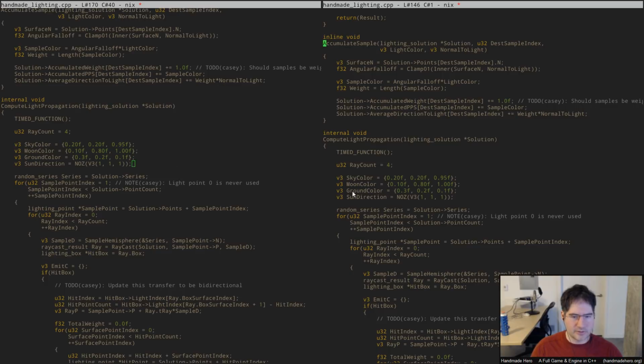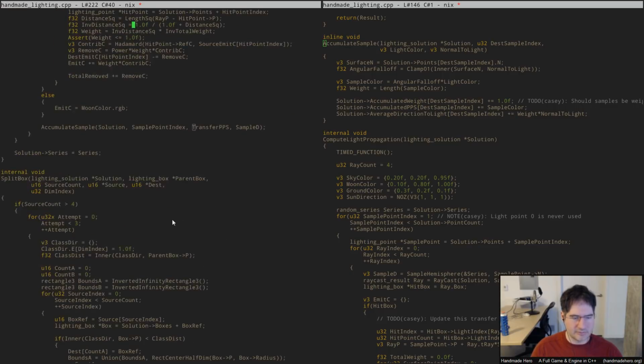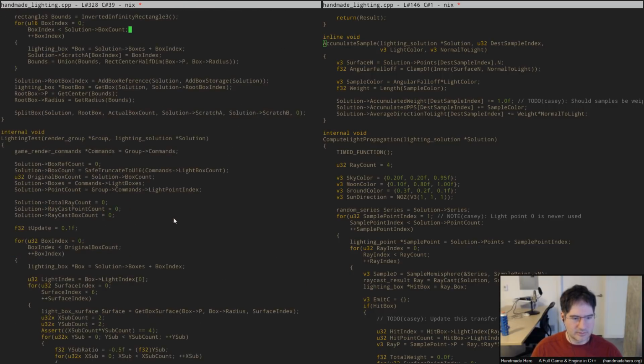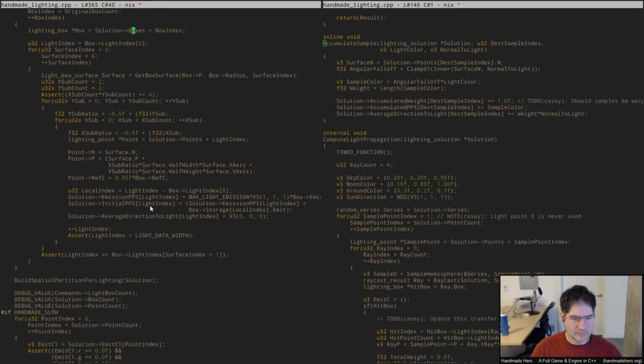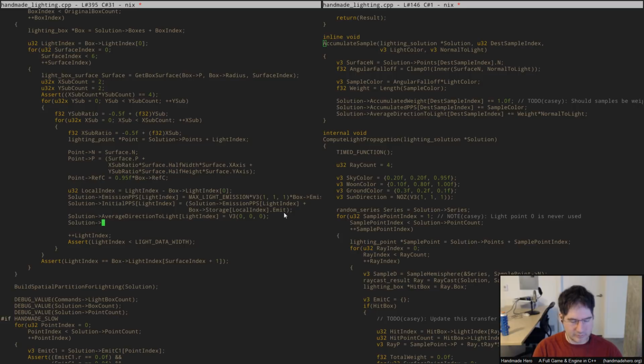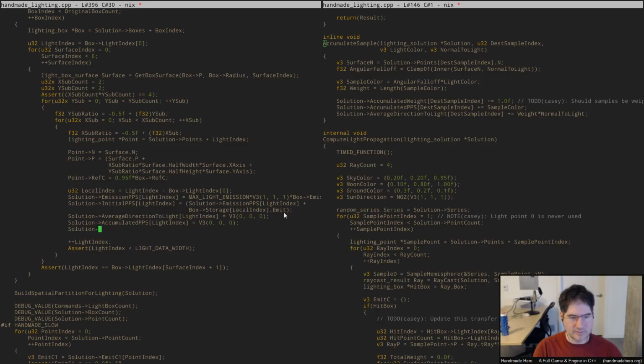So before we start, the sample stuff has to get cleared. So emission initial, so in here we need solution accumulated PPS needs to be set to nothing, and in addition to accumulated PPS being set to nothing, accumulated weight needs to be set as well.